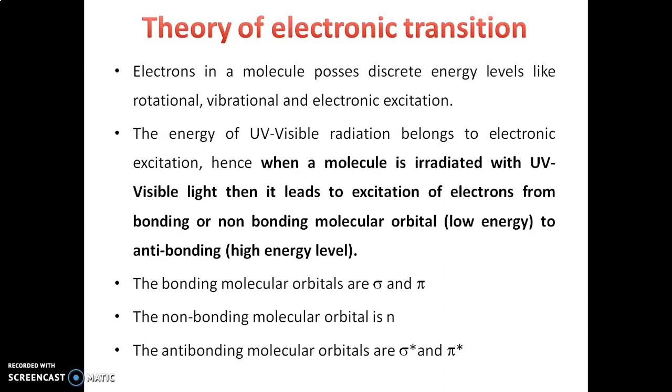Further, these electrons have discrete energy levels. The energy level in which these electrons exist is called a lower energy level, while there are certain energy levels which exist after irradiation of the molecule by UV visible light.